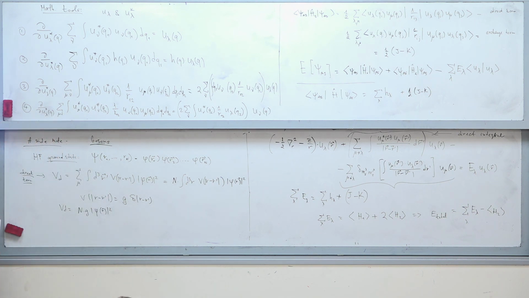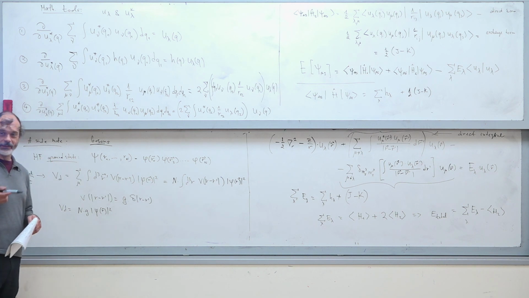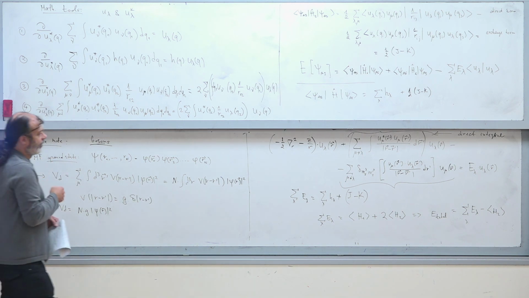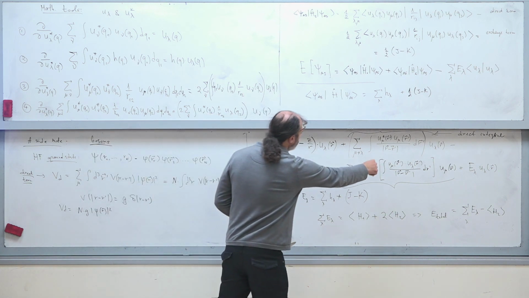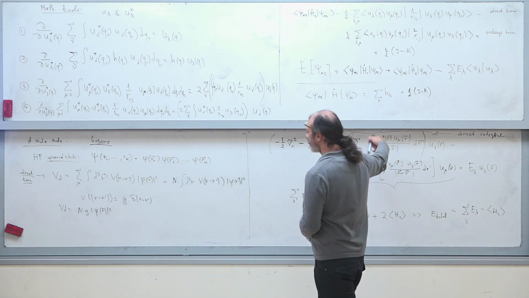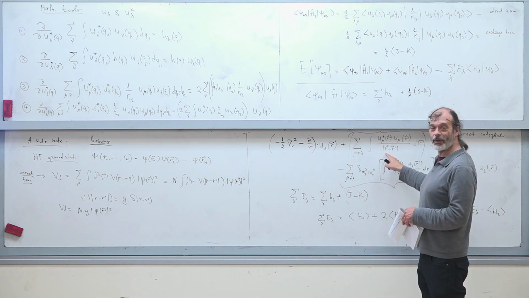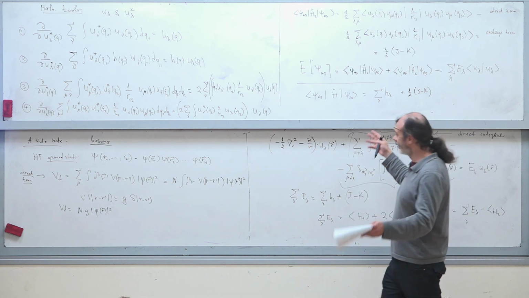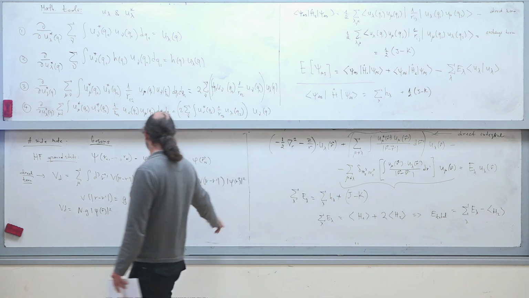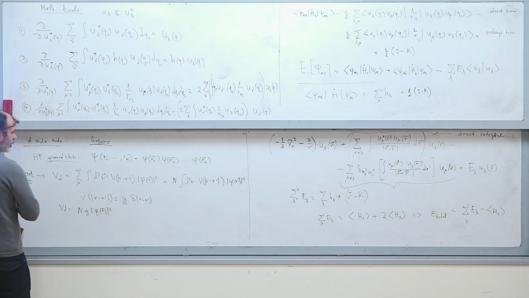Therefore, the exchange interaction doesn't exist, since it's a ground state. This part doesn't exist, because the potential is different. But all this part reduces essentially to this additional potential.